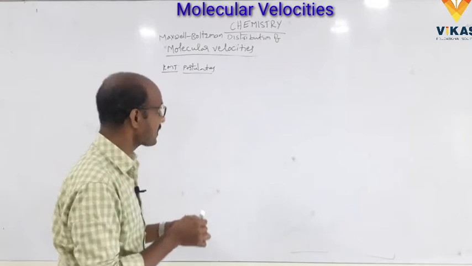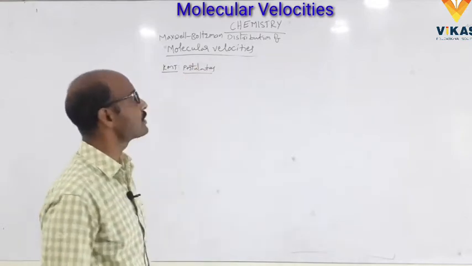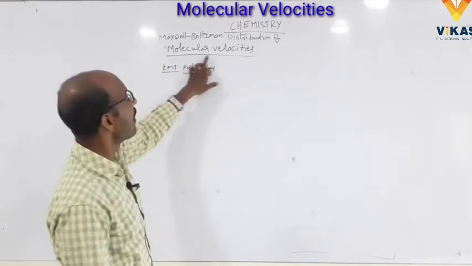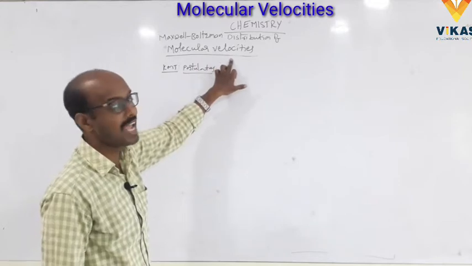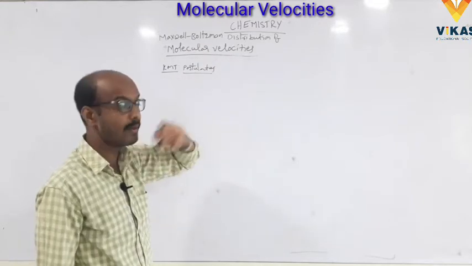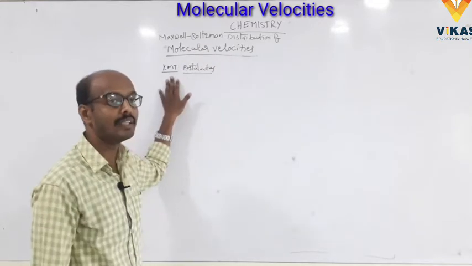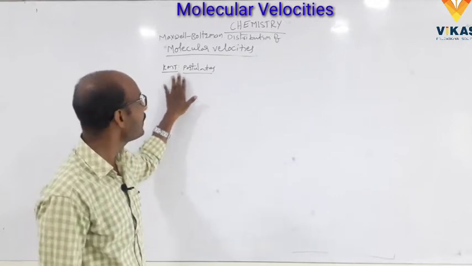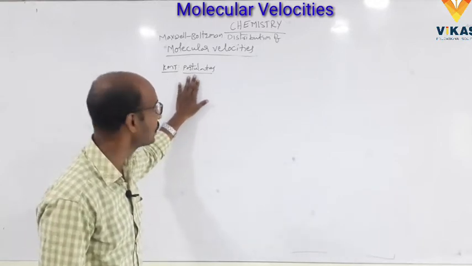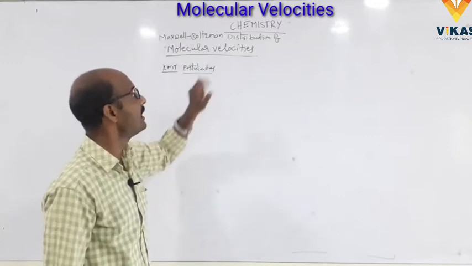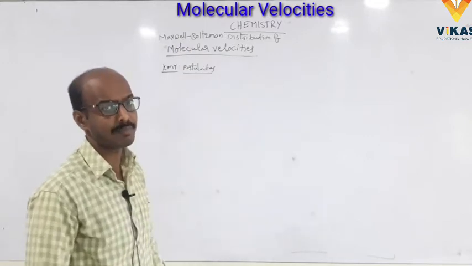Based on these KMT postulates, we explain the Maxwell-Boltzmann distribution of molecular velocities. The distribution of molecular velocities was explained by Maxwell and Boltzmann based on the postulates of the kinetic molecular theory of gases.